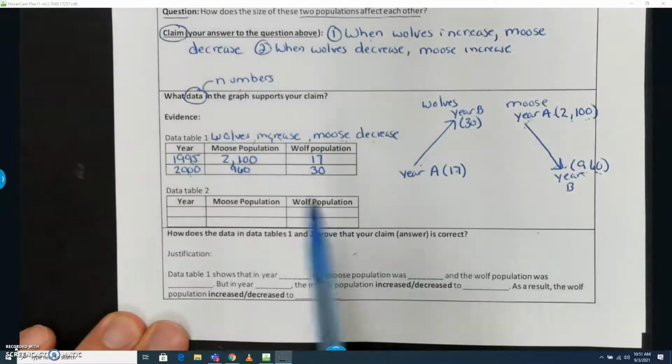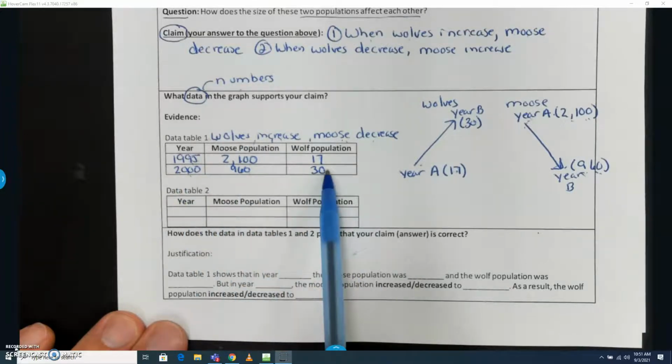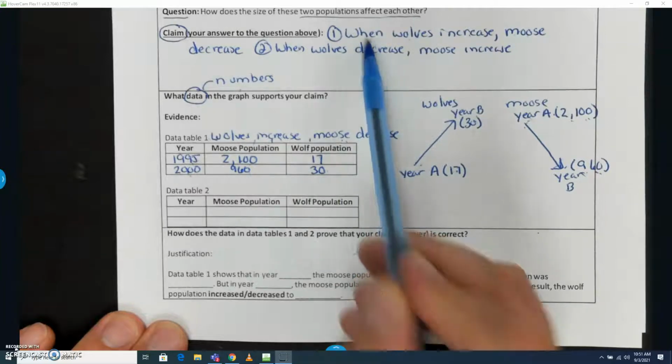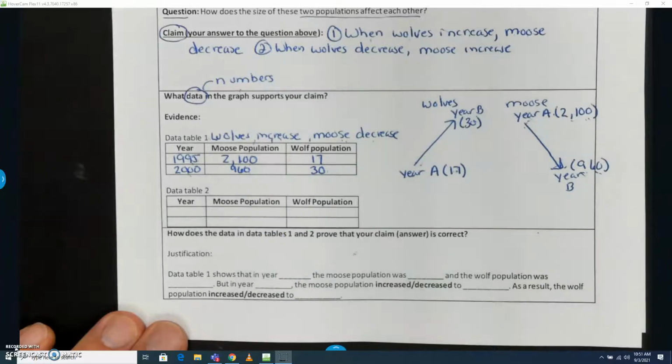The last step to this is to provide a written explanation of how these data points prove that this statement is correct. We have our statement, we have our numbers, but now we need to say this is why our numbers show that we're actually correct. I provided a pre-generated fill-in-the-blank type of thing to assist with this as we start to acclimate to how to write this stuff.